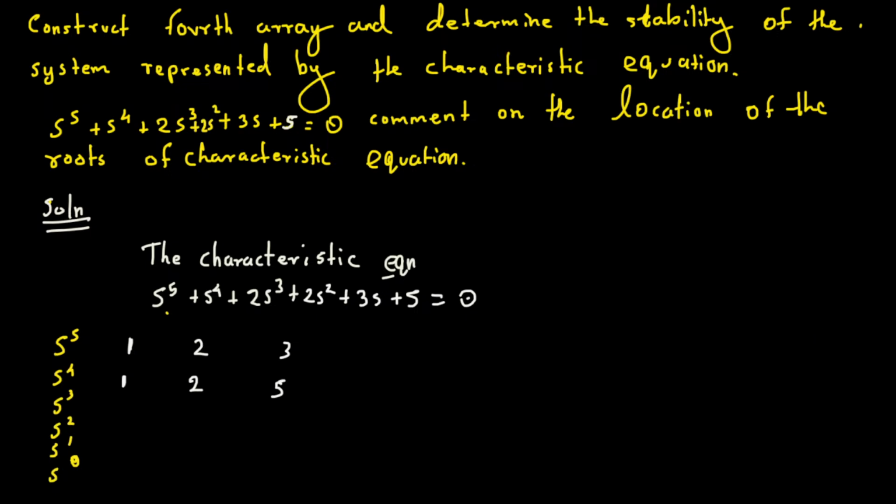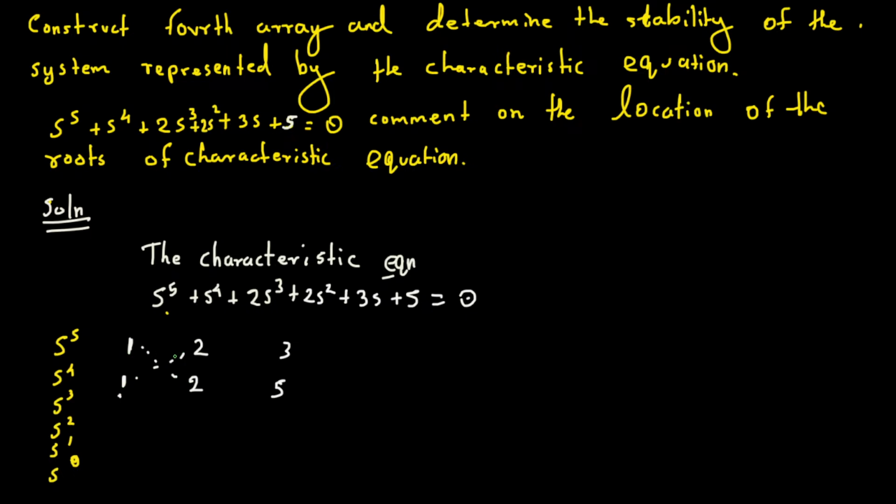What we do next is multiply this one by this, and this one by this, and divide by whatever is here. For the first one, here 1 times 2 minus 2 times 1 divided by 1.